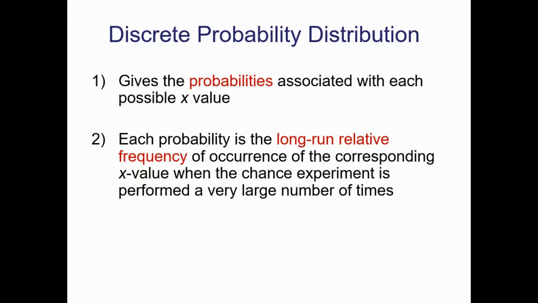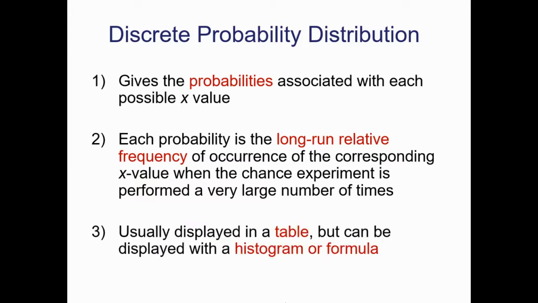This is happening over a long time period with a lot of trials. It is usually displayed in a table, but it can be displayed with a histogram or even a formula. And these steps are blank, so if you didn't catch that, those are your blanks at the bottom of page 2.